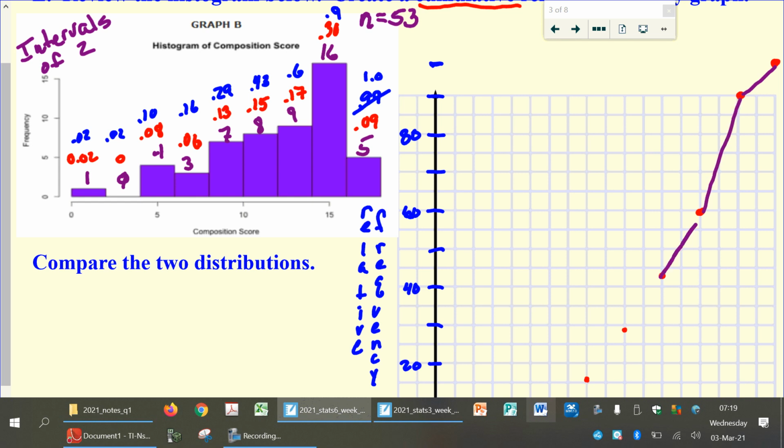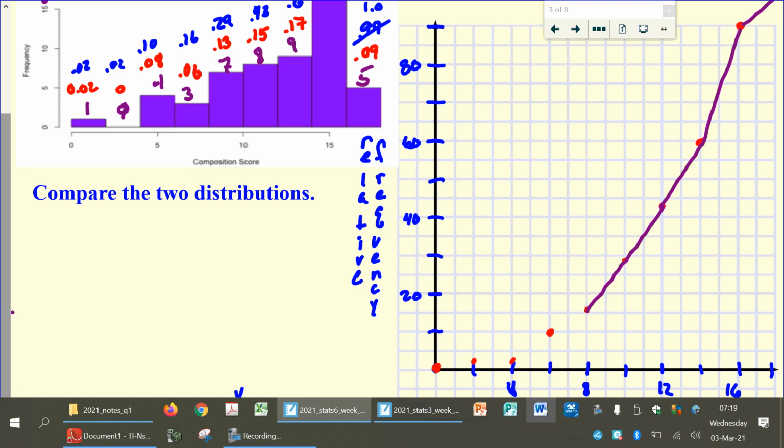It's not going to be a smooth curve. See, I'm taking the time. I'm just drawing each segment by itself. And there's our relative frequency graph.